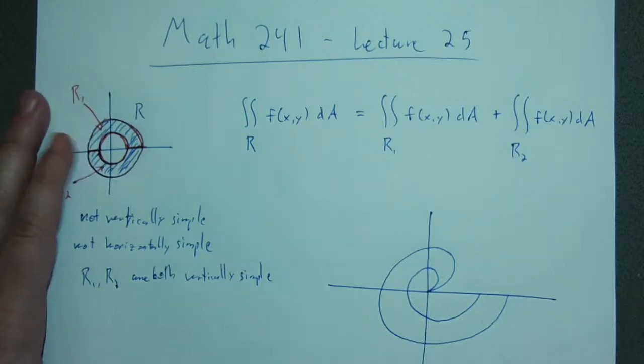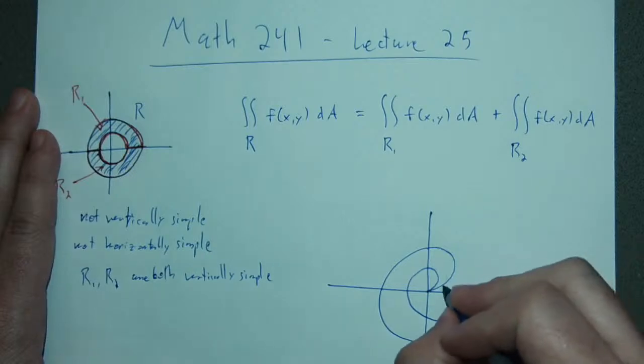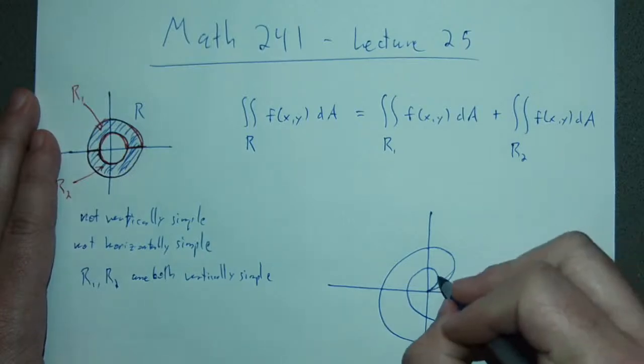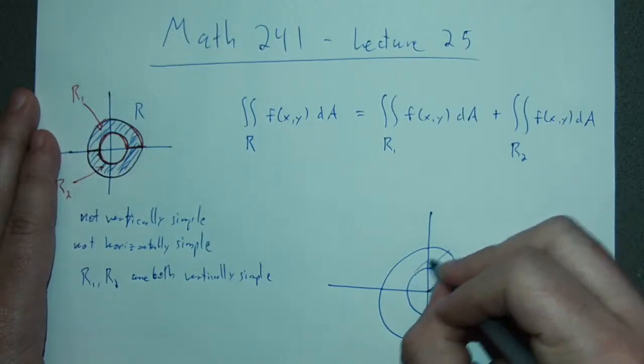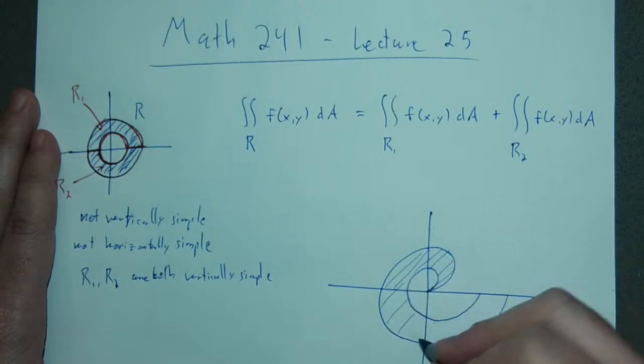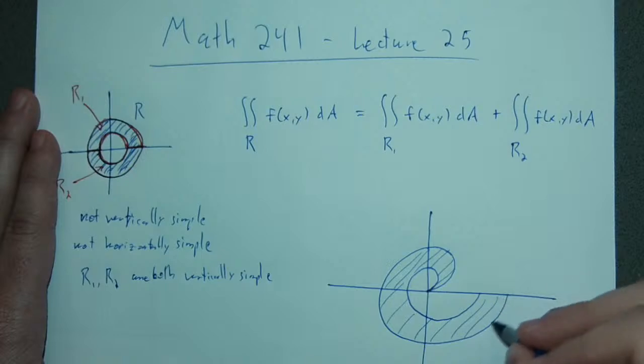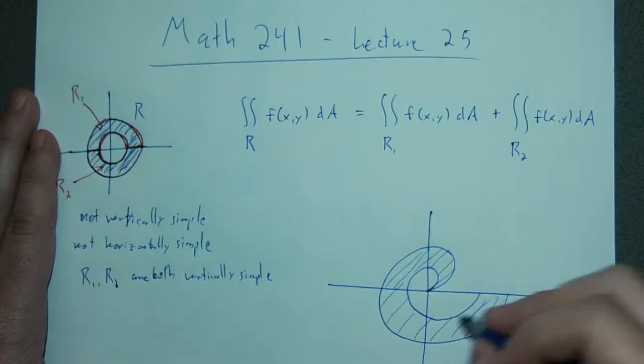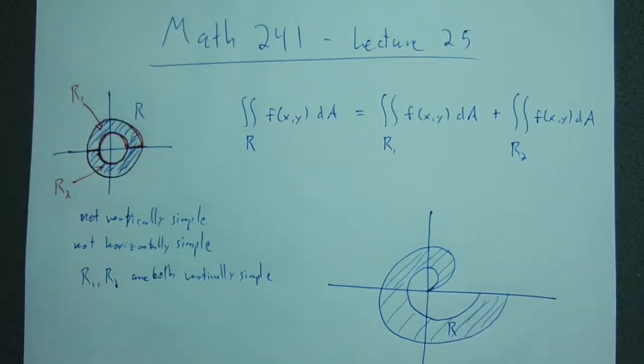And consider the region R bounded between these two Archimedean spirals. Okay, so here's my region R, and say that I want to integrate over this region.